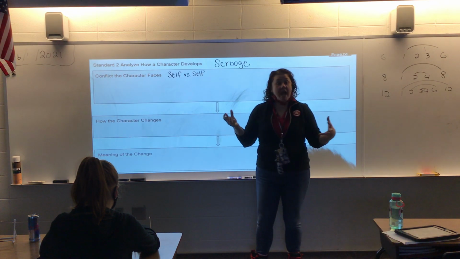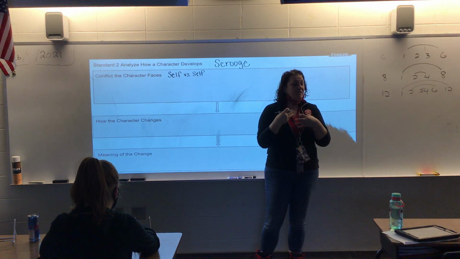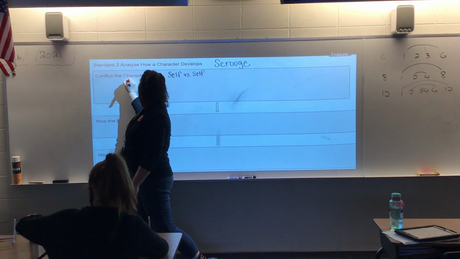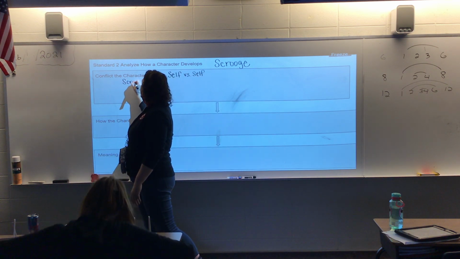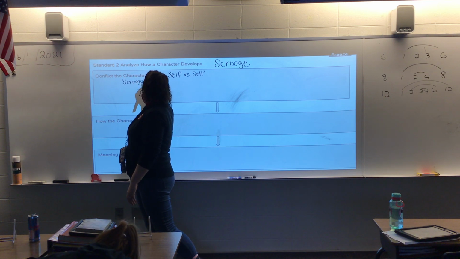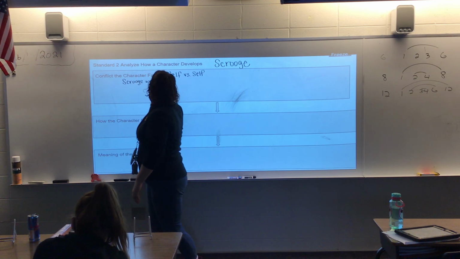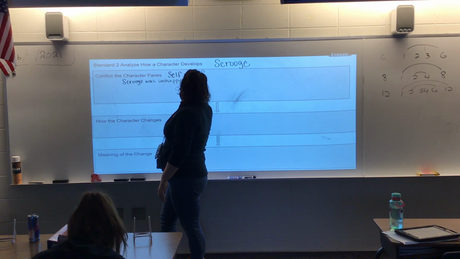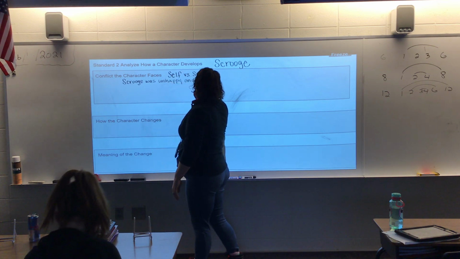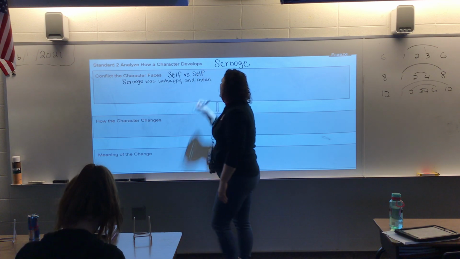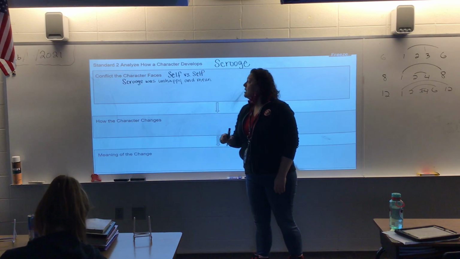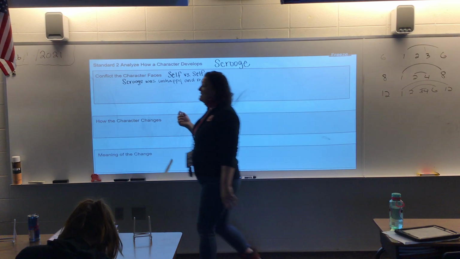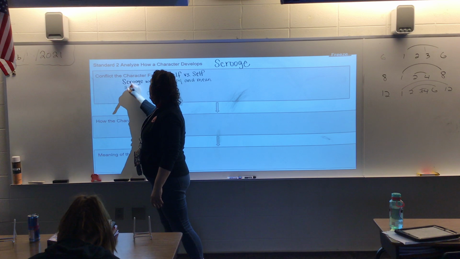So he had conflict within himself, right? What was that conflict? Scrooge was unhappy and mean, wasn't he? Scrooge was mean. He was not nice. Okay? He didn't like anybody, did he?